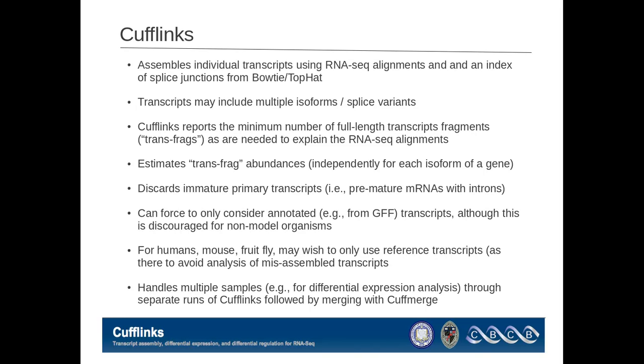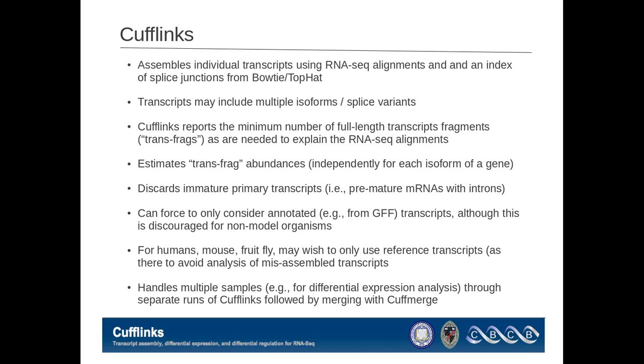And then Cufflinks, you'll see in the homework, its output actually does estimate the abundance of each of these different transfrags, but it in part uses those abundances to discard the immature primary transcripts. As I mentioned in the previous lecture, there are transcripts that are detected at low level that contain the introns in them.